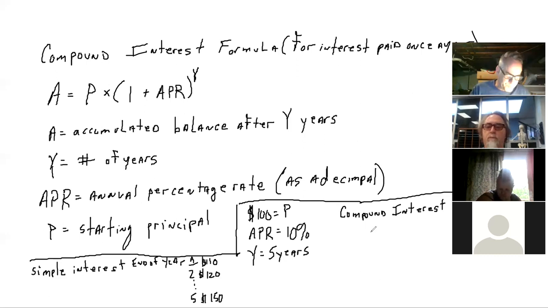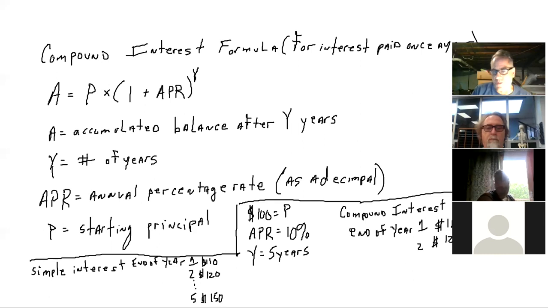So at the end of year one, you would have $110. But now you're going to go 110 times 0.1, which is 11. And so at the end of year two, you would actually have $121.